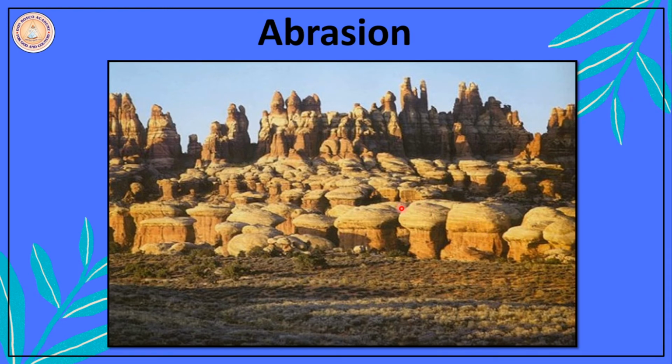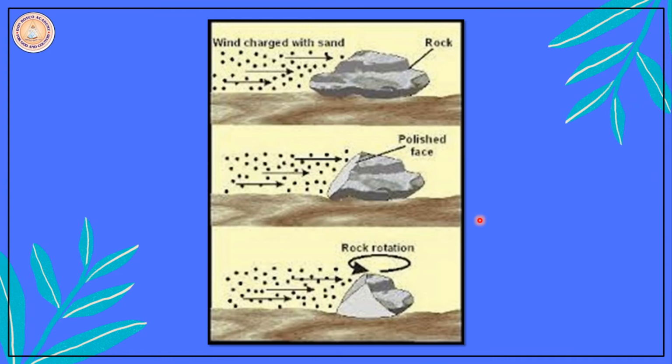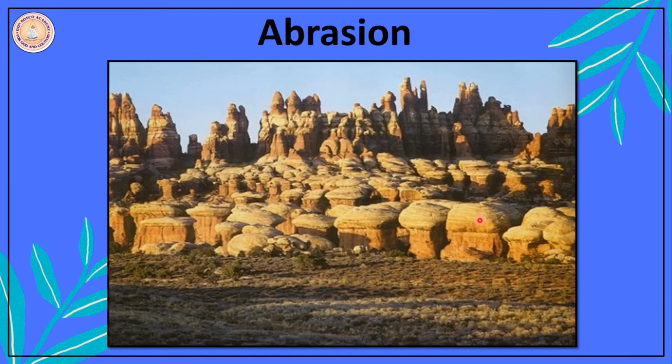You can see how only these areas which are closer to the ground have got affected. The rest have not been affected. Areas which are far higher have not been affected by the abrasive nature of the wind.